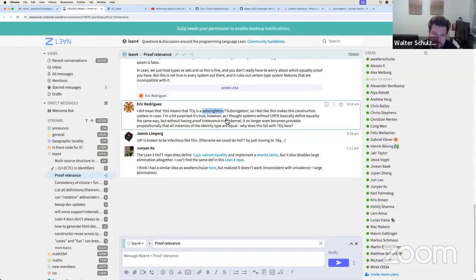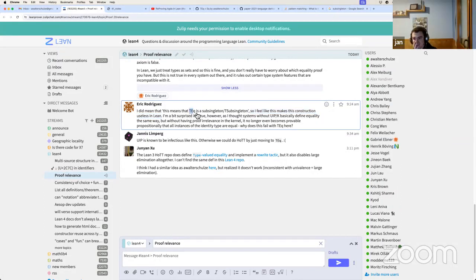Okay, so I'm a bit surprised. I feel this makes this construction useless in Lean. It's talking about EQ, right? Oh no, this is the pillar of our project. But I still want proof relevance somehow.